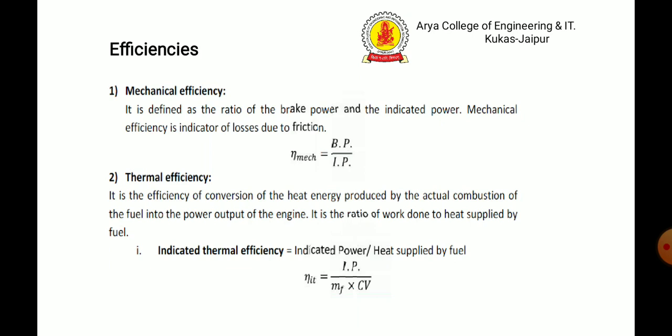So MF into CV is the heat supplied by the fuel, and IP is the indicated power. By using this expression we can find indicated thermal efficiency.